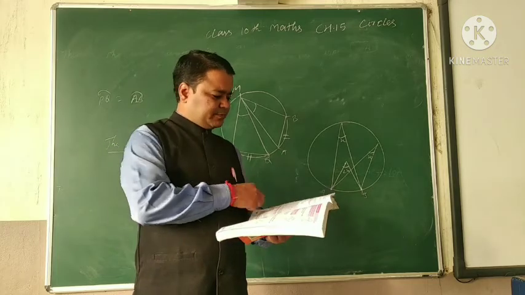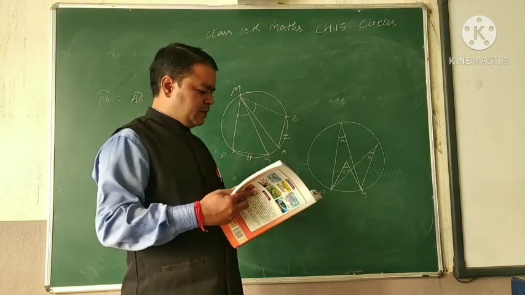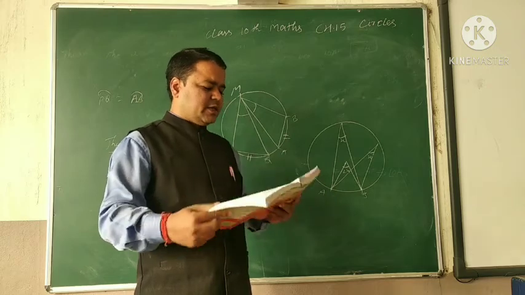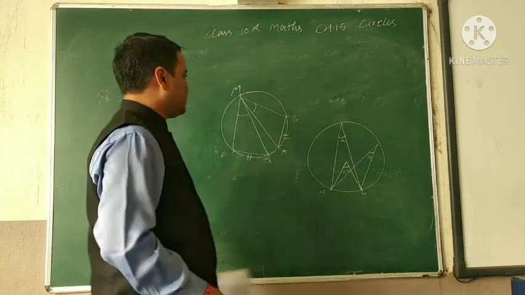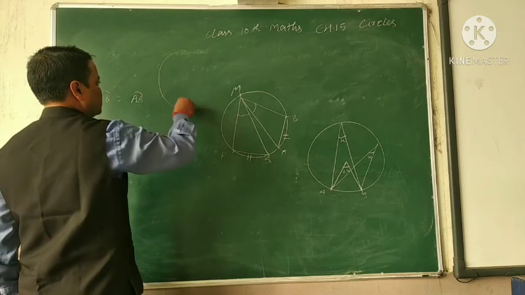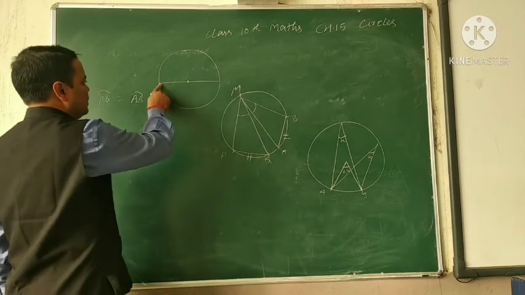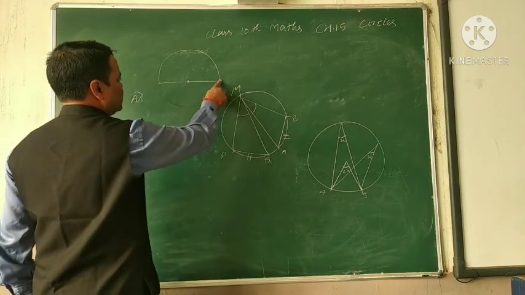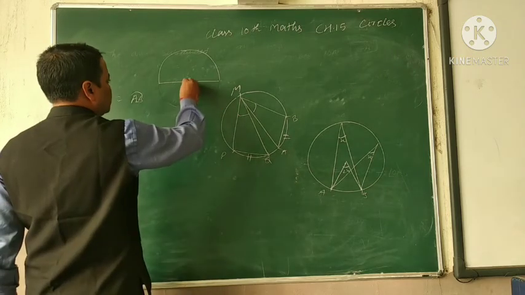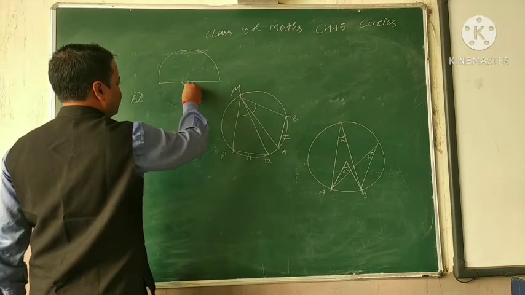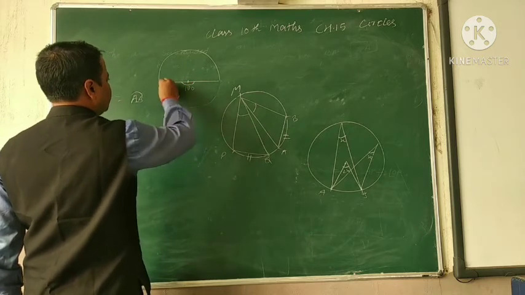Its converse theorem is also given. You go through it. And one very important thing: angle in a semicircle is a right angle. Semicircle means what? This is the circle and the half part which passes through the center of the circle. This is called the semicircle. Now we know that this is 180 degrees.